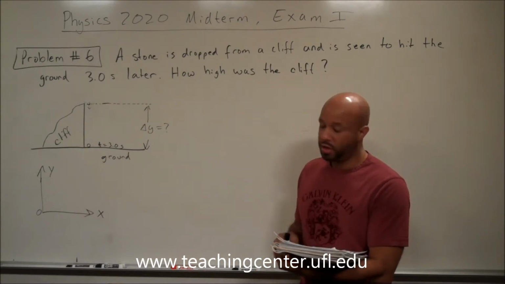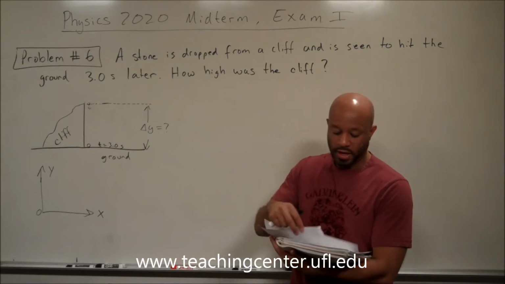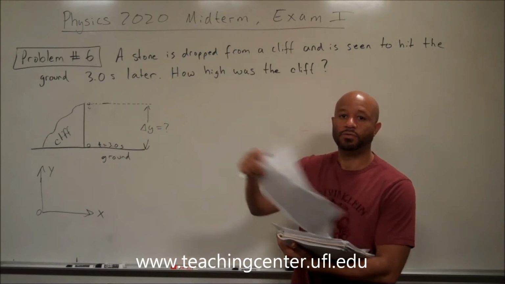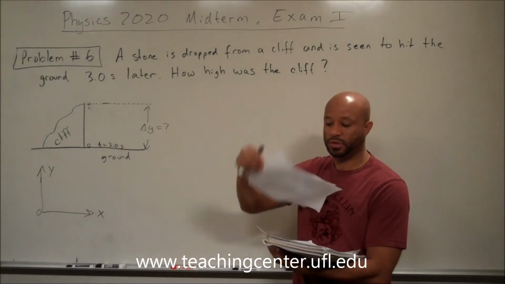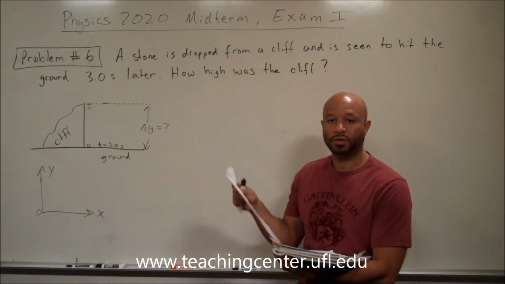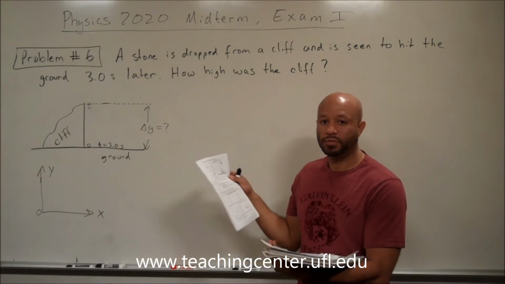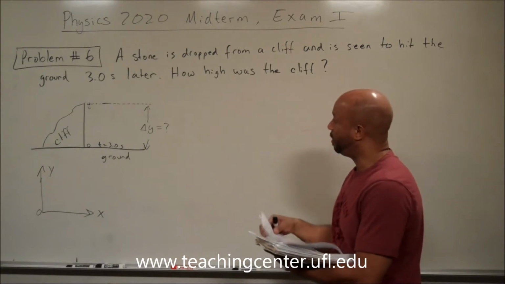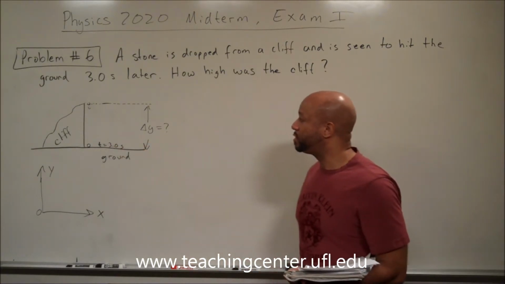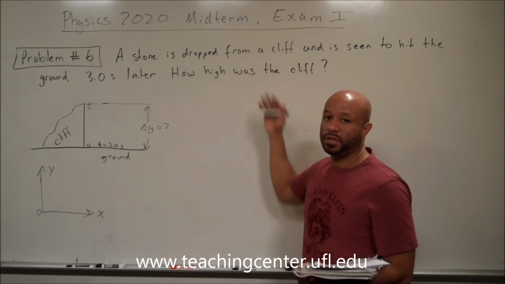I'm going to work through this problem, pulling equations from this formula sheet, which is available to you. This is the formula sheet for this particular exam. I have a crude picture that illustrates the problem statement.